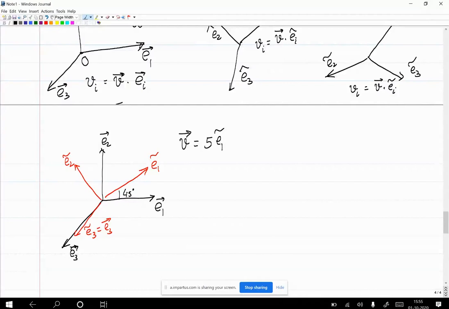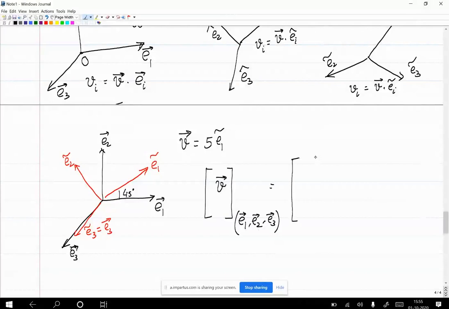Now, how will this vector look in the black coordinate system? In the black coordinate system, you have to find out its component related to each of the basis vectors of the coordinate system. So I will write it like this: V in black coordinate system. The coordinate system is going to be written below: E1, E2, E3.